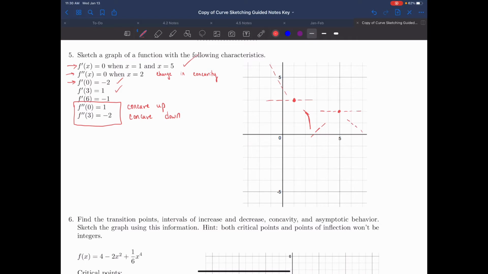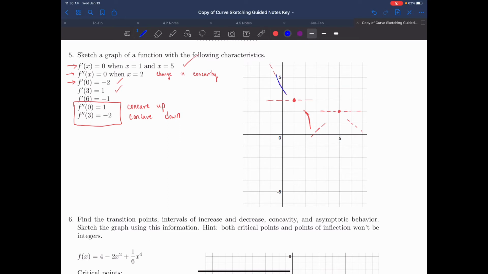All right, so now I need to make sure I honor all of these. I'll sum all this up once I sketch it. So we have a function that has a slope of negative 2 here, and so it's going to go something like that.